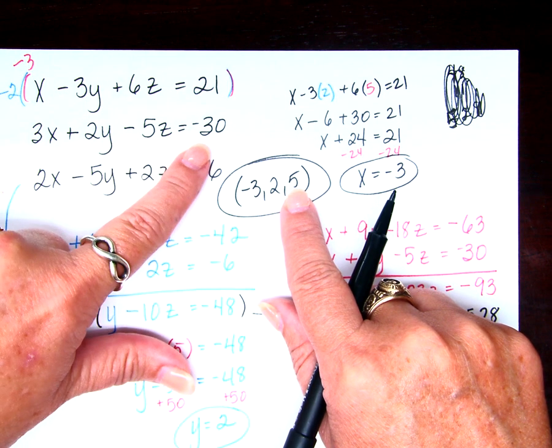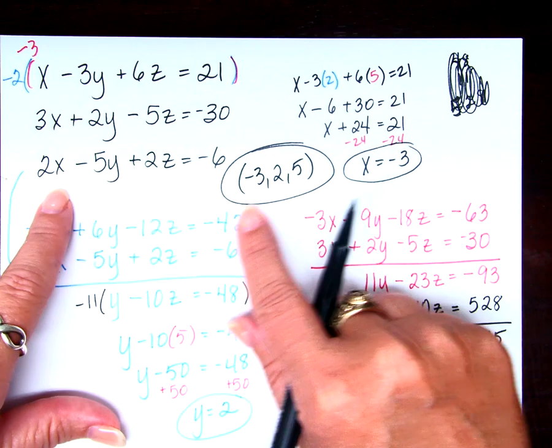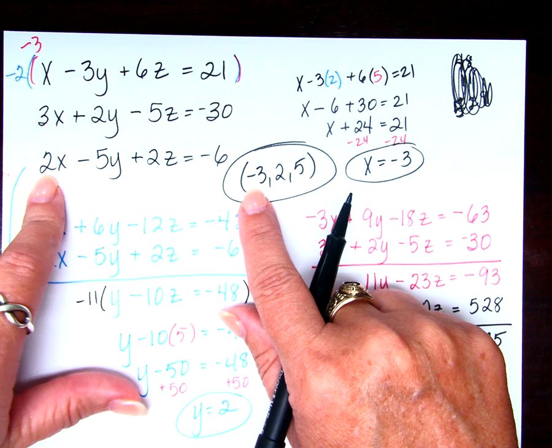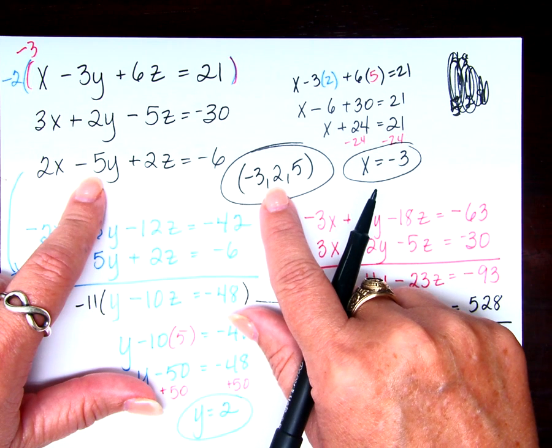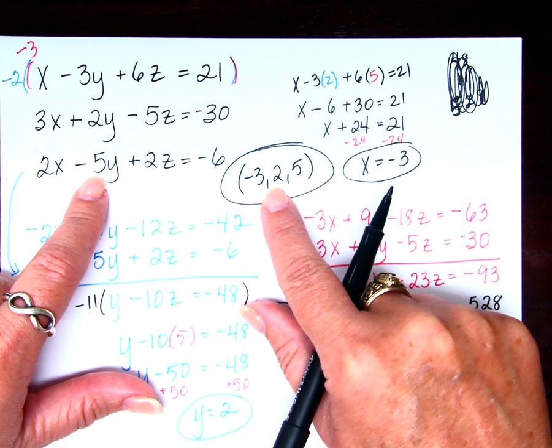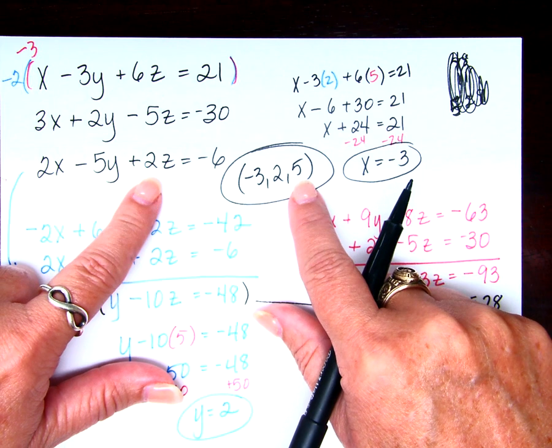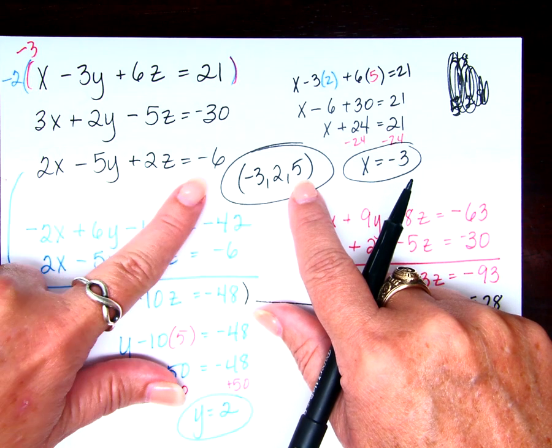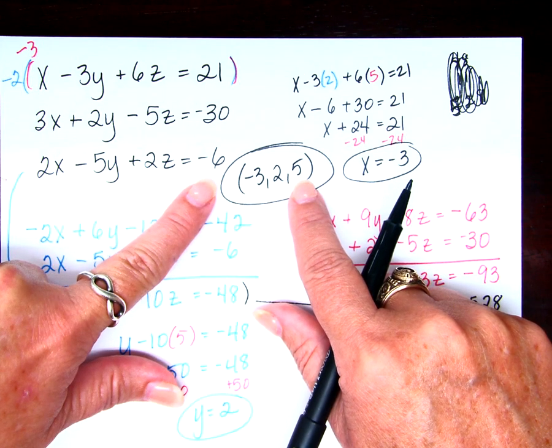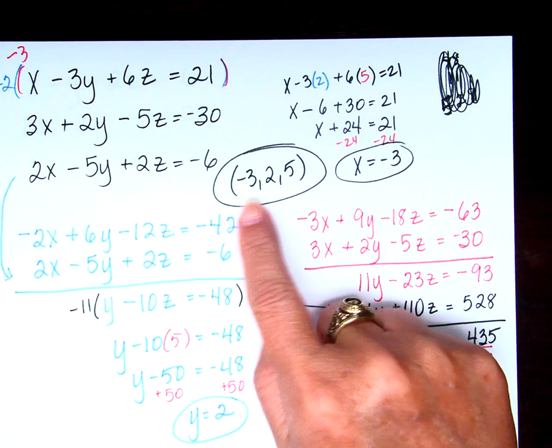Is -30 equal -30? Yes. -6 minus 10, -16, right? Plus 10, -6. Does -6 equal -6? Yeah. So we know that's the right answer.